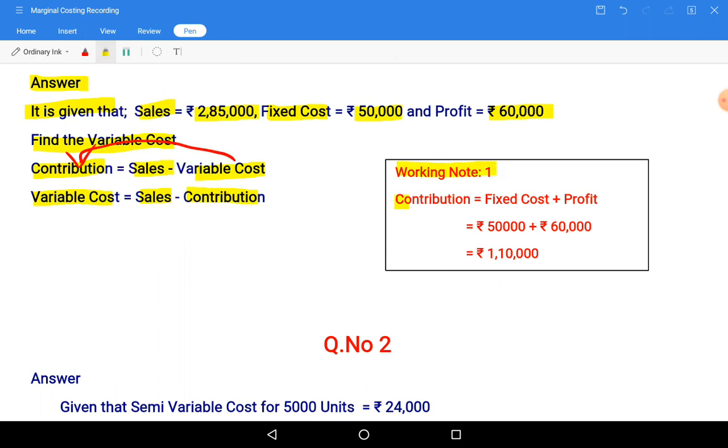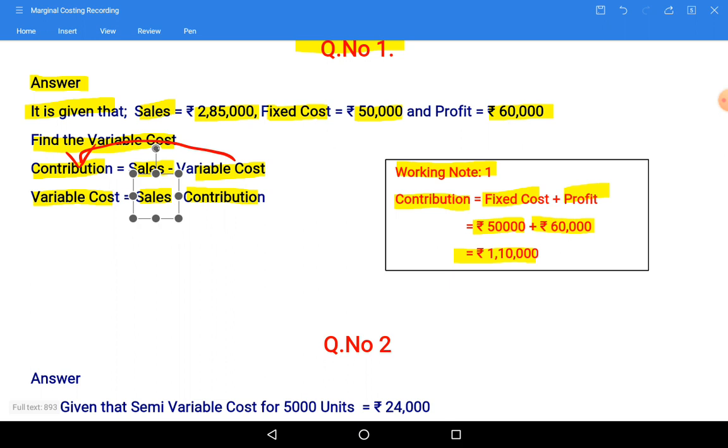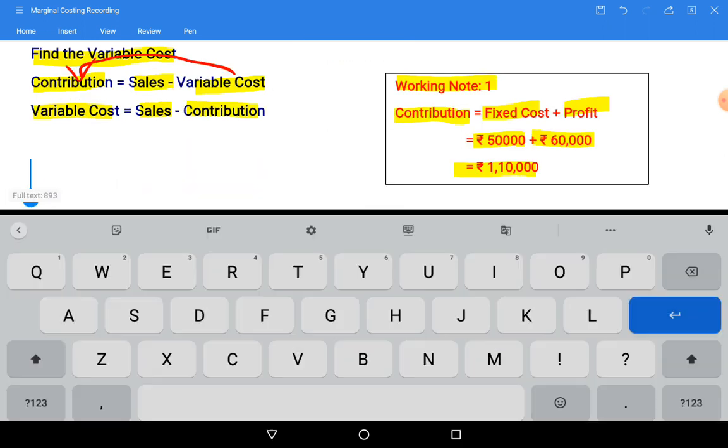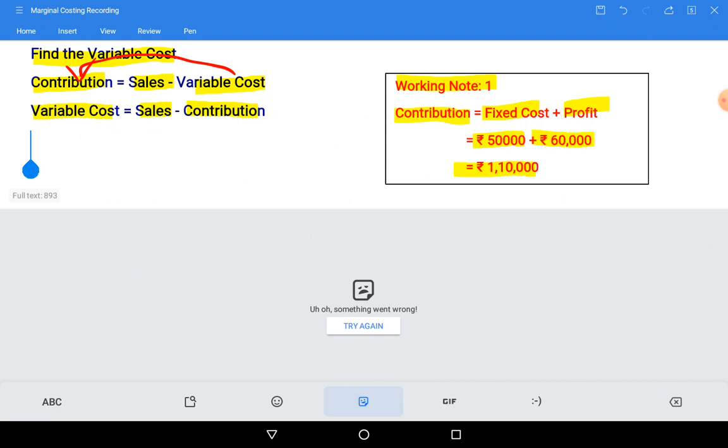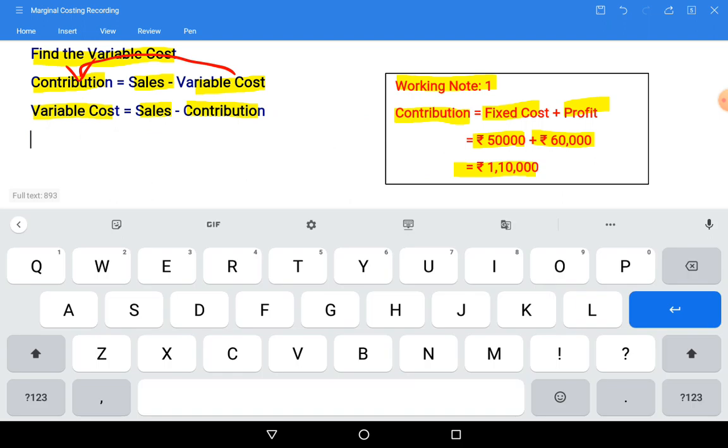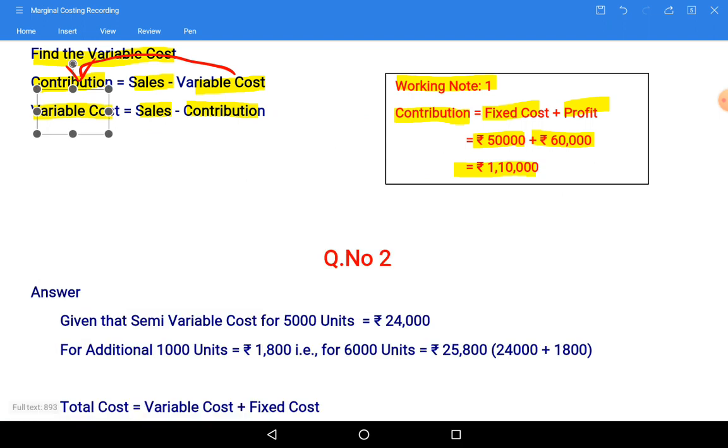There is one more formula, that is fixed cost plus profit. Fixed cost given is 50,000 plus profit 60,000, total 1,10,000. That is your contribution. Now if we put all these things in the formula, you will get variable cost.